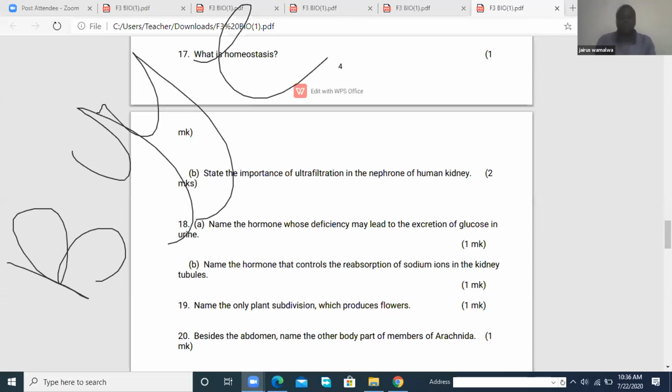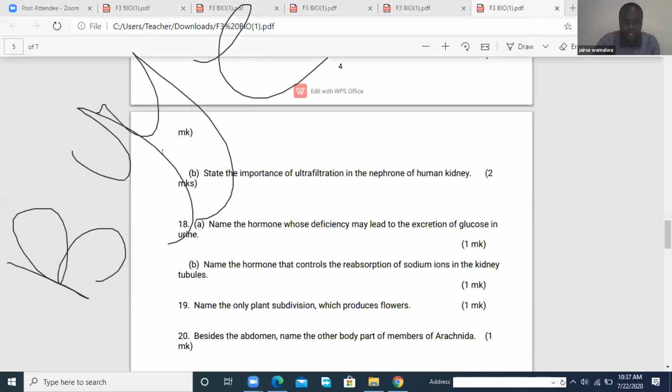Somebody is raising a hand, maybe you have a question. So in our next lesson, we will continue to revise asexual reproduction.